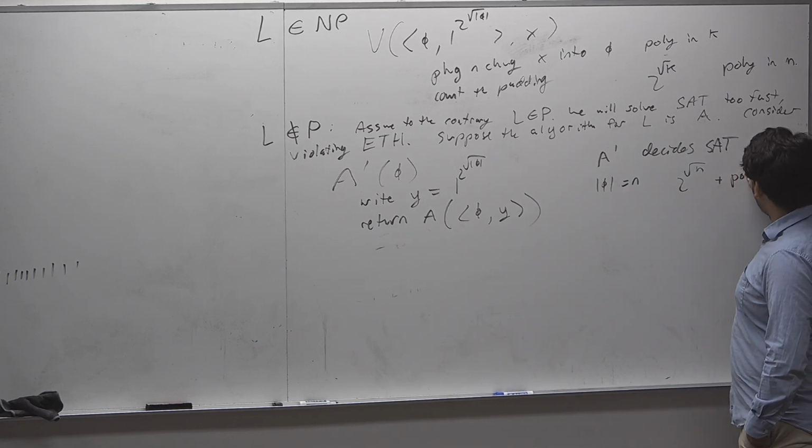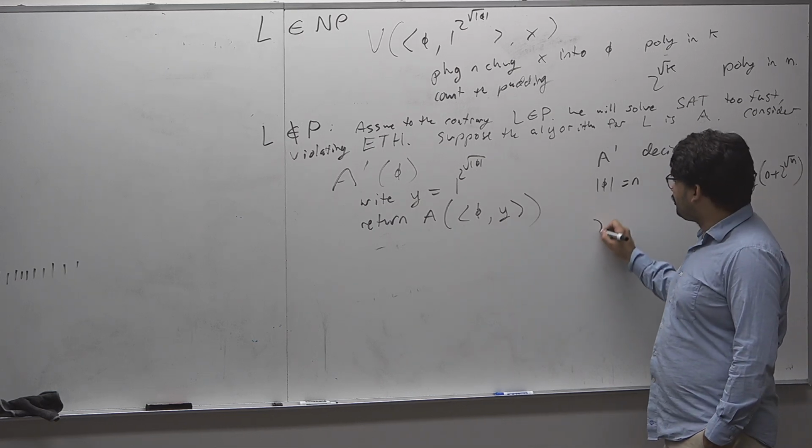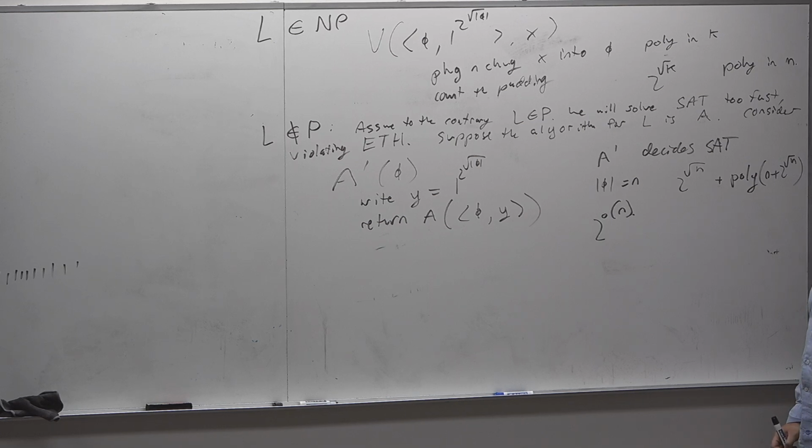But it's a polynomial in n plus 2 to the square root of n, right? Whatever that happens to be, let's not think too hard about it. I claim that that is 2 to the little o of n. Do we agree with that? Little o, especially here. There's some square root k, something over here, but it's fine, okay?